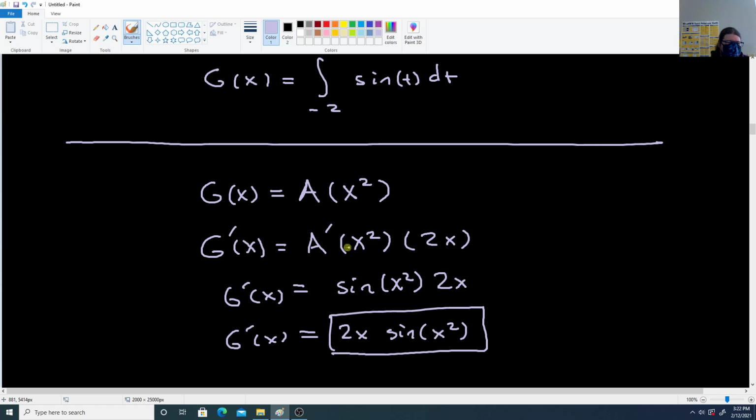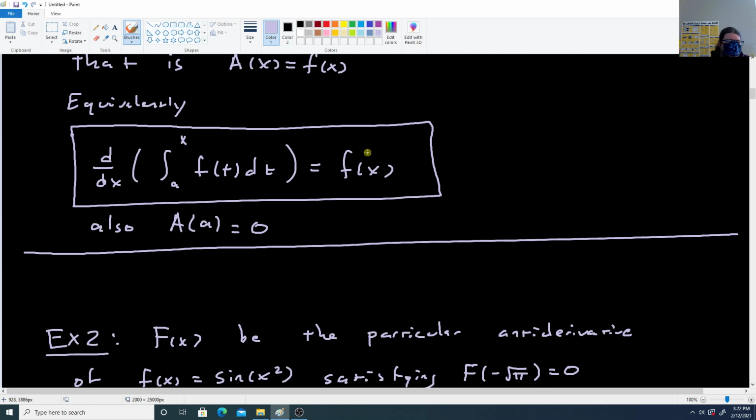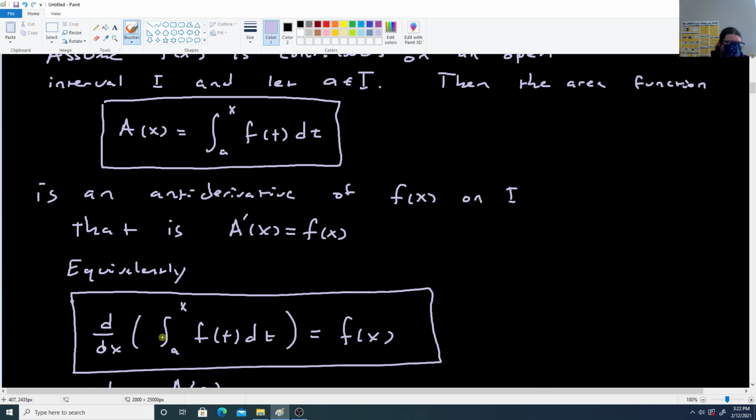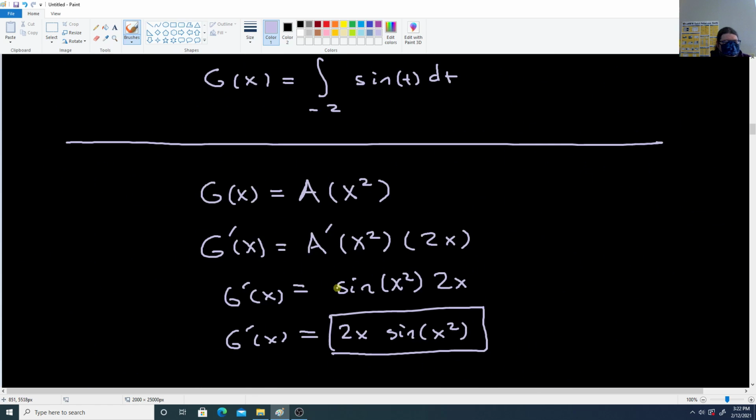And then to get a prime, you're going to use this statement here. When you take the derivative of this type of function, you get f of x back. But instead of getting f of x, we get a prime of x squared, so you have to replace the t with an x squared, and you have the inner derivative part.